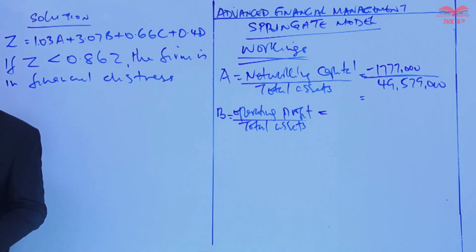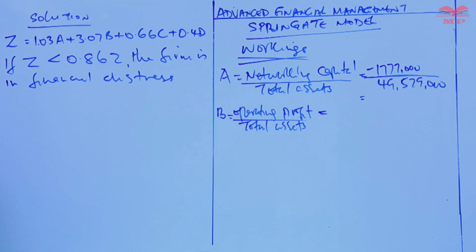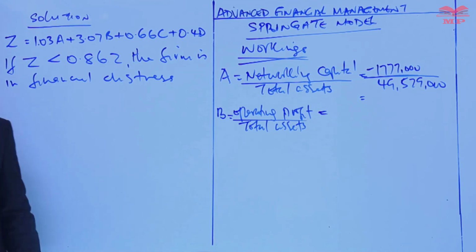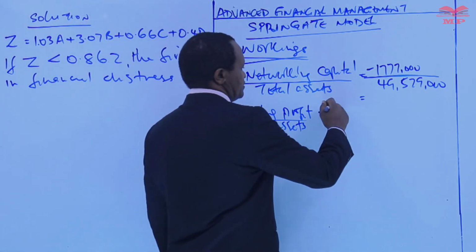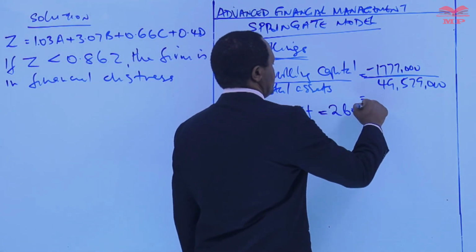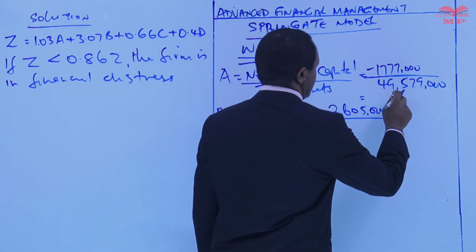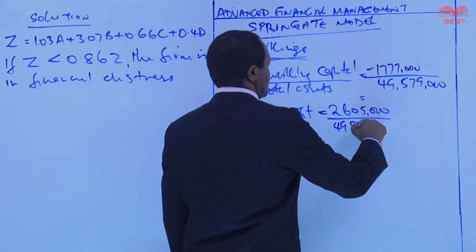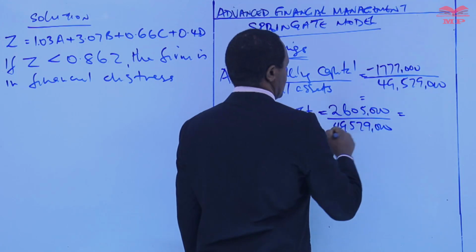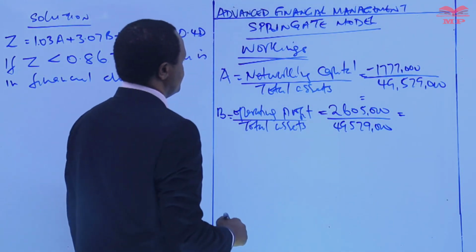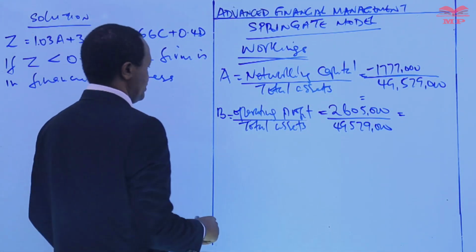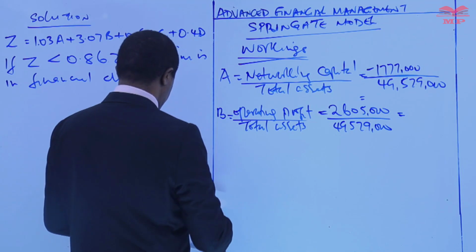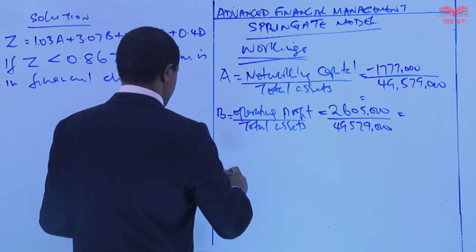Let's move fast. What is the value for A? 2605, that is correct. 2605 divided by the 49,579. Give me the value for B.